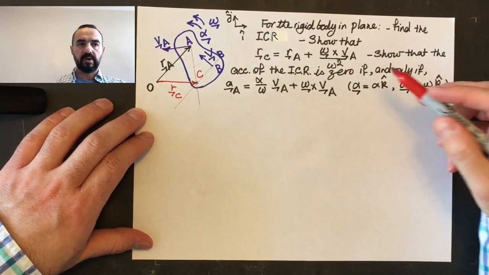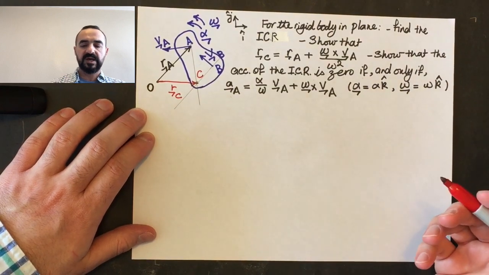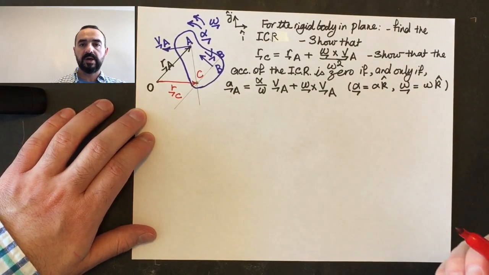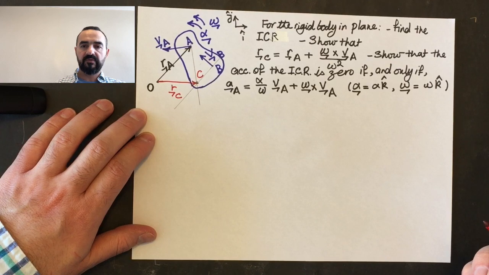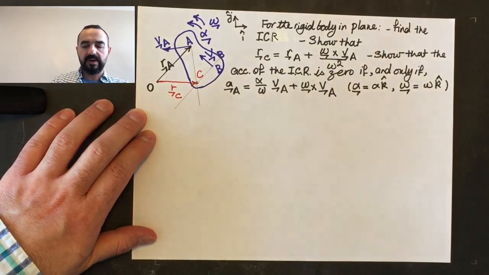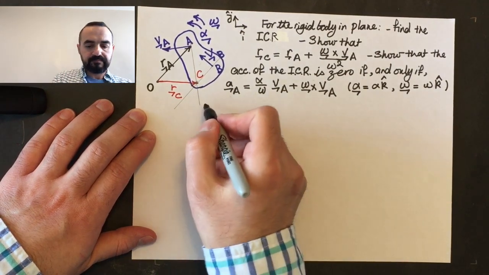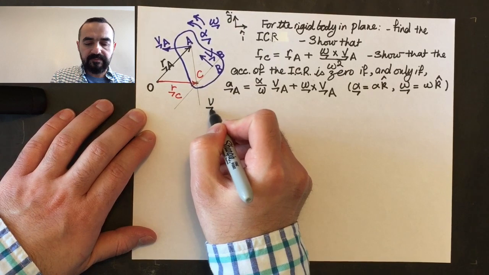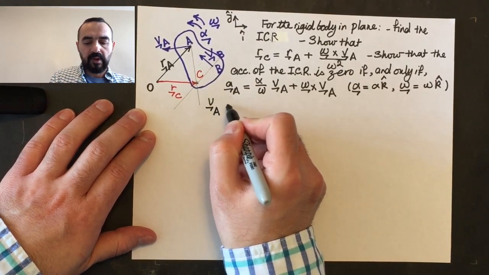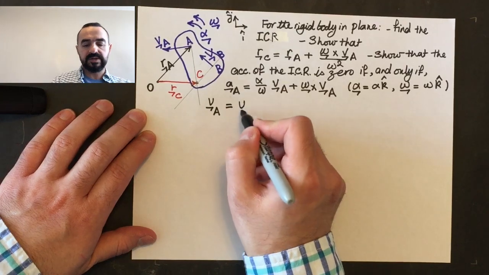Alright, so we have VA in this expression, so it makes sense to start with the equation for velocity of 2 points in a rigid body. We can relate the velocity of 2 points using this equation.